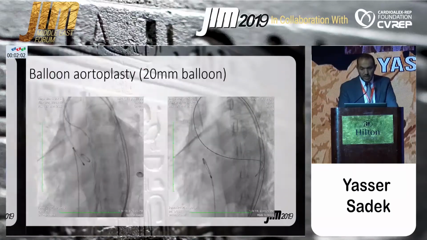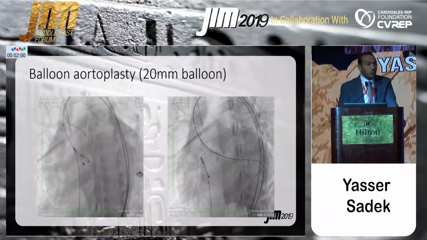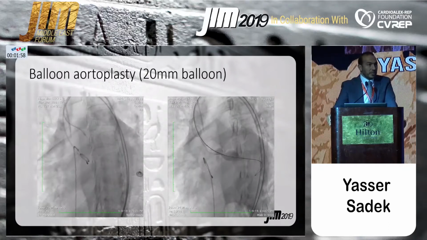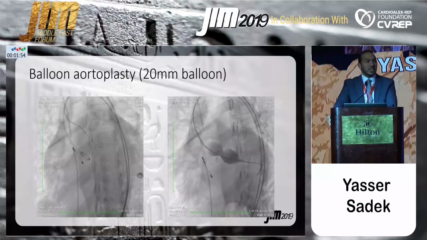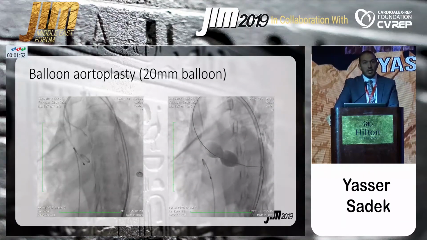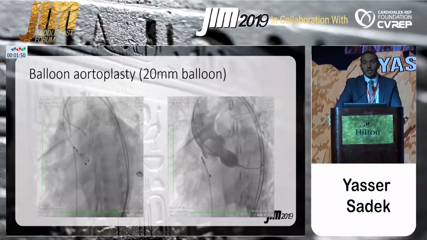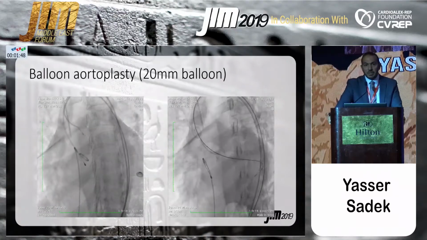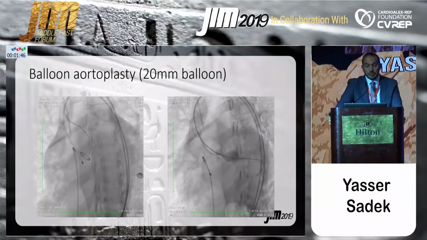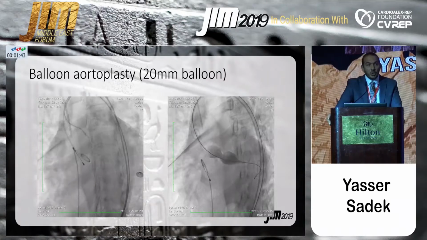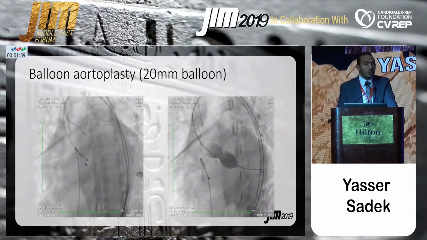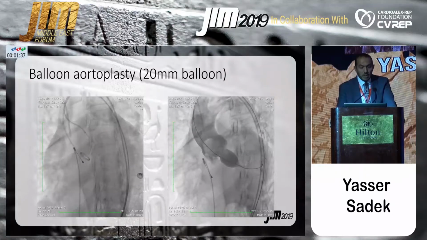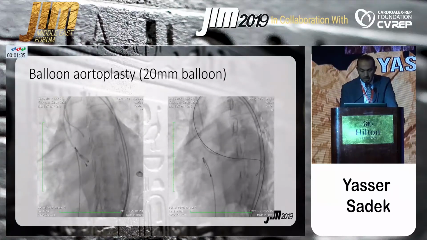So I took the decision to do balloon aortoplasty. The second surprise you can see here: the aorta was non-dilatable. I used an 18 millimeter balloon and it did not inflate well, so I upgraded to a 20 millimeter balloon. But what happened here after balloon dilatation?